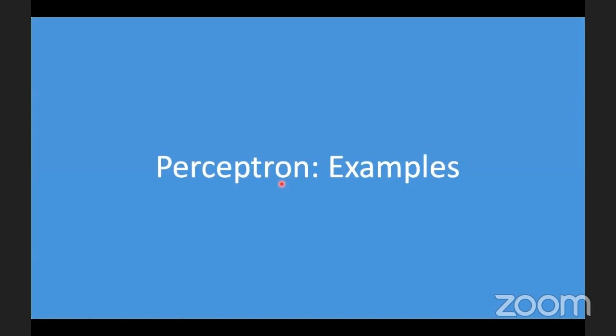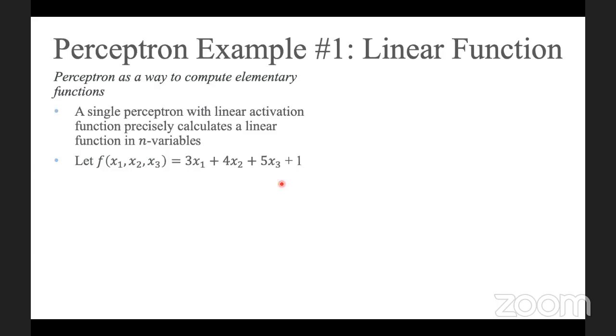So let's come to some examples. This is just for learning purposes. It's not very complicated, but we need it to understand what a perceptron is. This is example number 1, linear function.